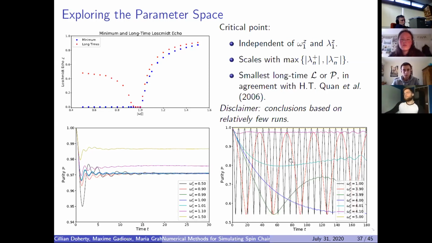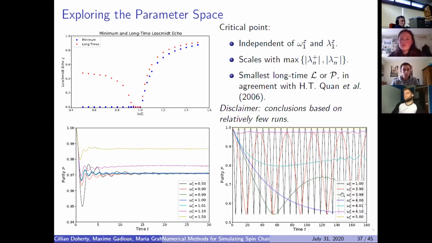Here on the bottom right, let me check my notes, we have lambda n plus equals -1 and lambda n minus equals -4. And we can again see similar curves as in this plot. However, the critical curve here is actually at 4. So we conclude from this that the critical point scales with the maximum of the absolute value of these coupling constants.